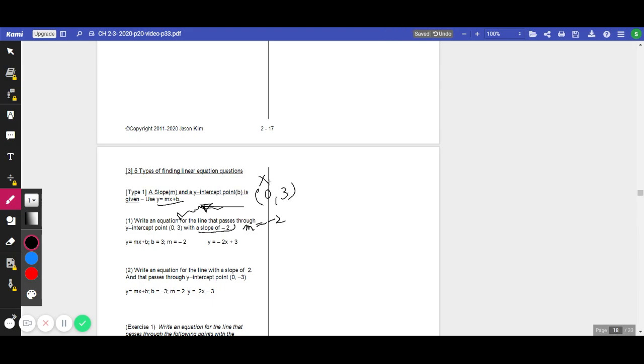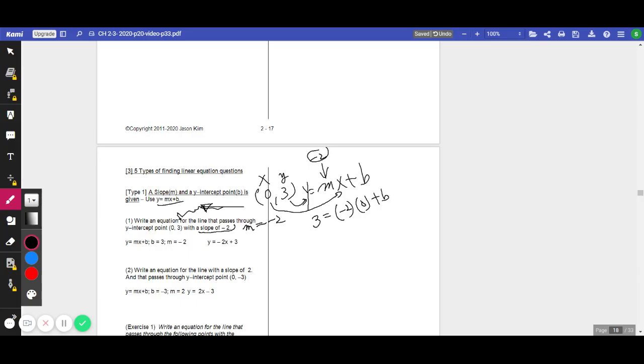That means the x point is 0 and the y point is 3. So from y equals mx plus b, you replace m as -2, you put y as 3 and x as 0. Then you will have 3 equals -2 times 0 plus b.